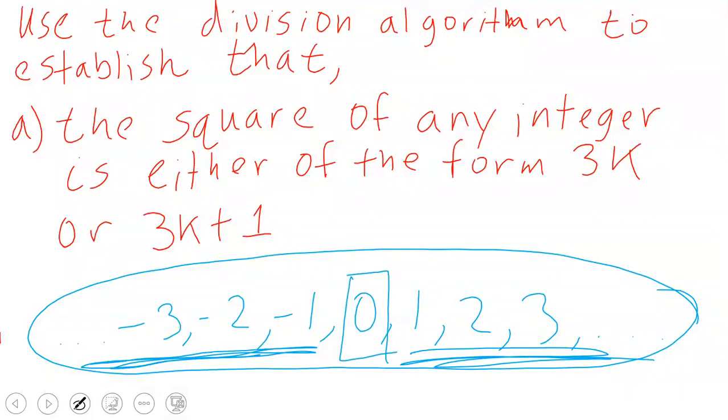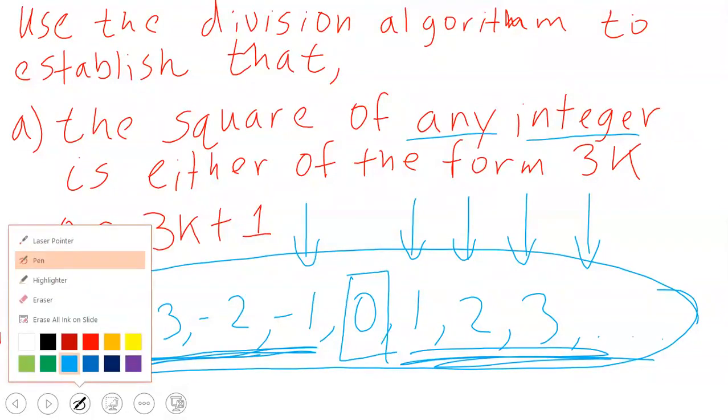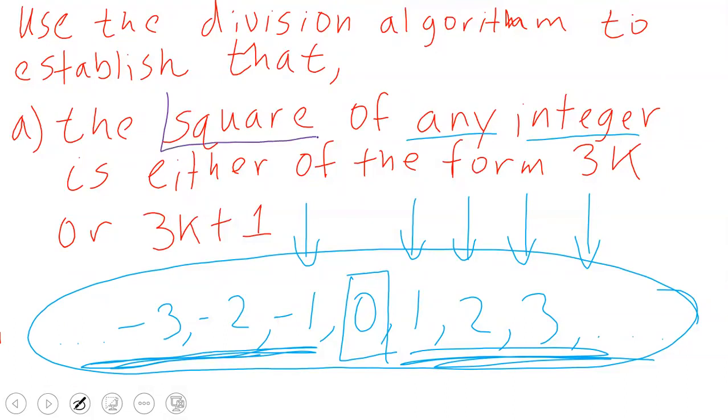What the claim of this statement is, is that you give me any integer, any integer you could think about in the world. Once you're ready, I want you to square that integer, raise it to the power of 2.